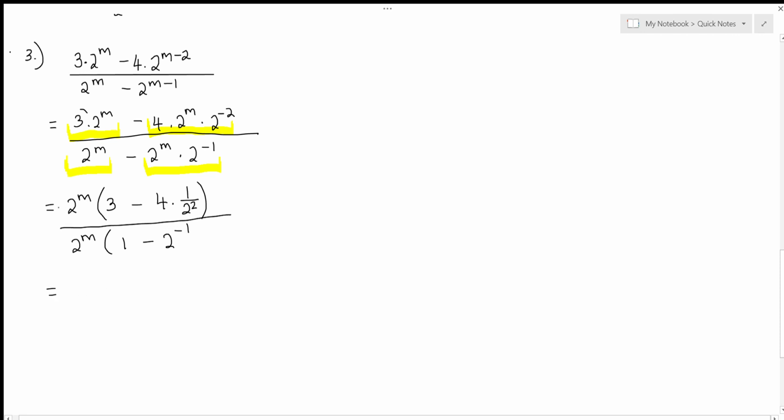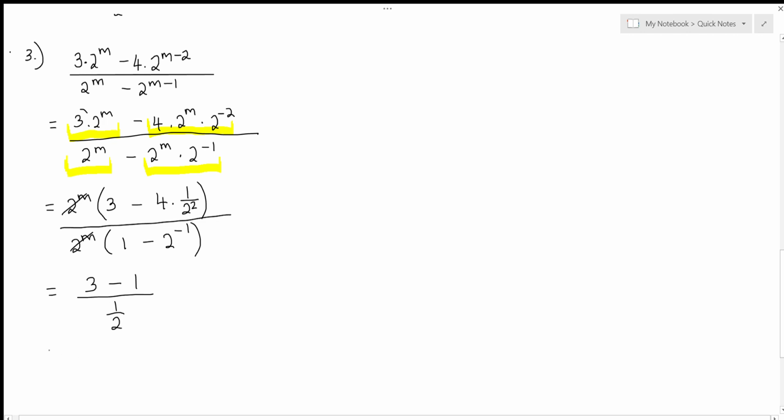So 2 to the power of m will cancel out with 2 to the power of m, and you're left with 3 minus, now this is similar to the one above, and that's going to give me 3 minus 1 over 1 minus 2 to the power negative 1, which is 1 minus a half, which would give me a half.